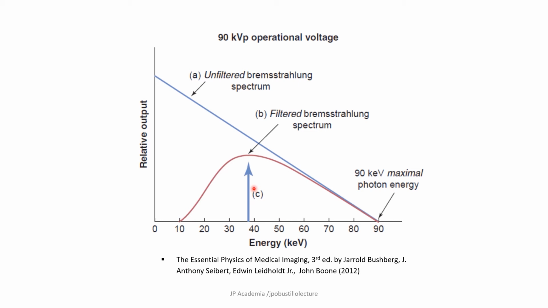Then we have this letter C, wherein we have the average energy of your Bremsstrahlung spectrum, somewhere one third or one half of the maximum energy, which is the initial energy of your electron. Next is characteristic radiation.